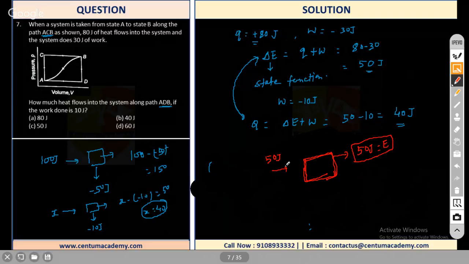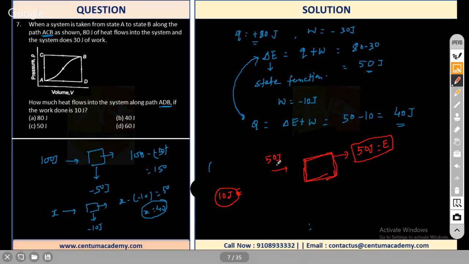Correct? Now, what happens? You are providing 50 joule of heat into it, and the system starts working, right? And suppose it does 10 joule of work, where is this energy coming from? It is coming from the heat that you are providing. So out of 50 joule, 10 joule of heat is utilized in the work done by the system.